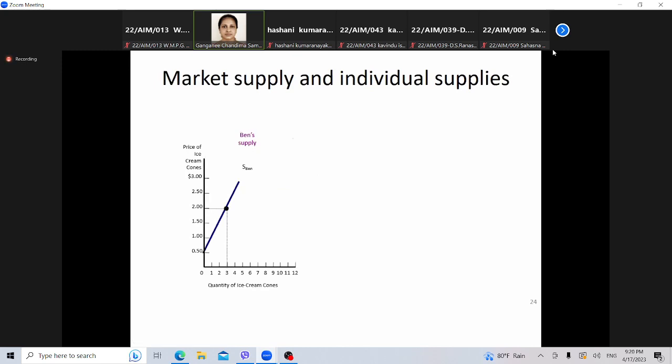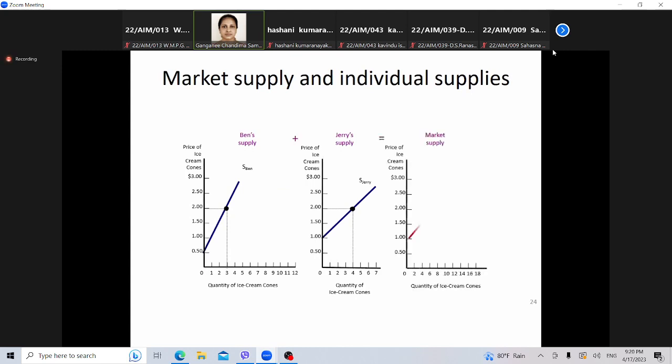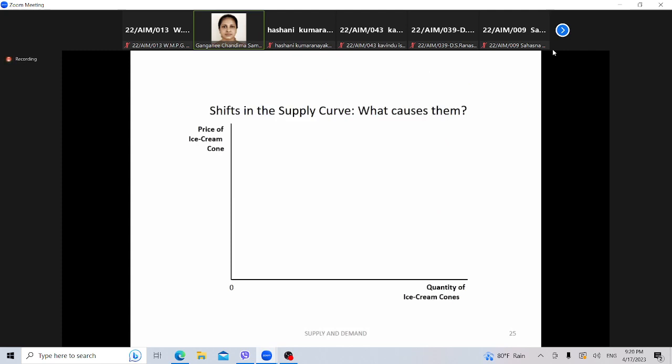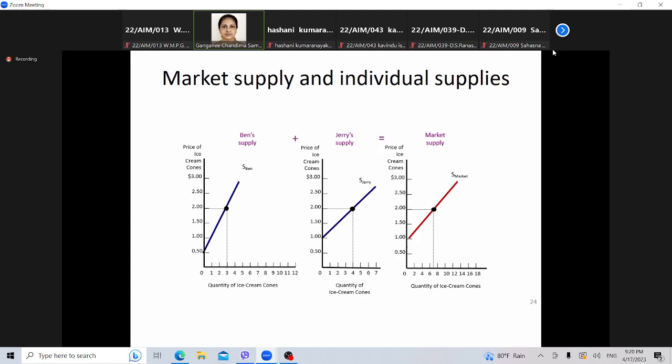Then the same way we can draw the market supply and individual supply. Let's say individual Ben and Jerry's supply curves we have drawn, and the market supply we have drawn accordingly. Okay. So when we consider shift in supply curve, I think this graph is clear to you all because it's very simple and easy to understand.